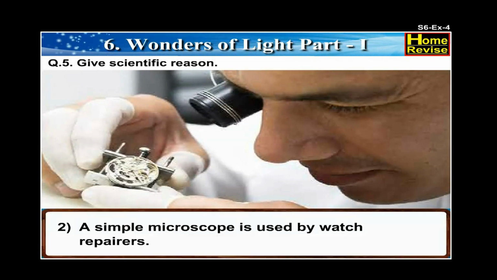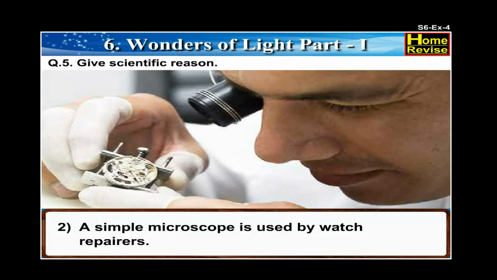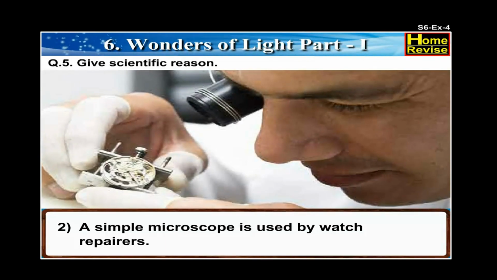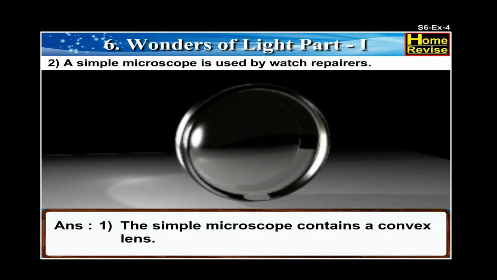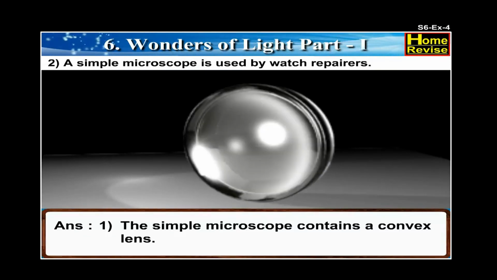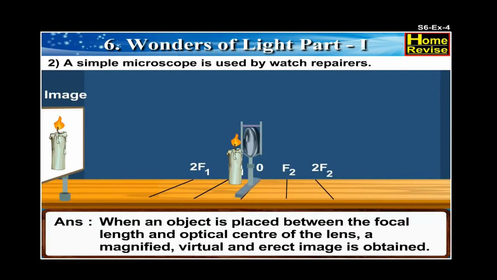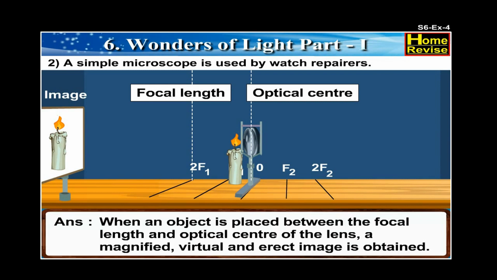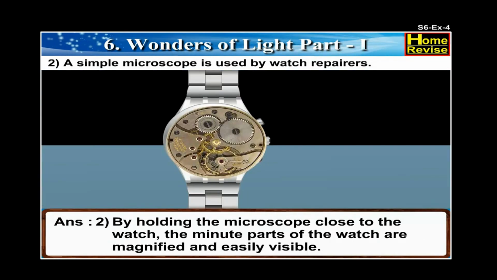Second, a simple microscope is used by watch repairers. Answer. 1. The simple microscope contains a convex lens. When an object is placed between the focal length and optical center of the lens, a magnified, virtual and erect image is obtained. 2.